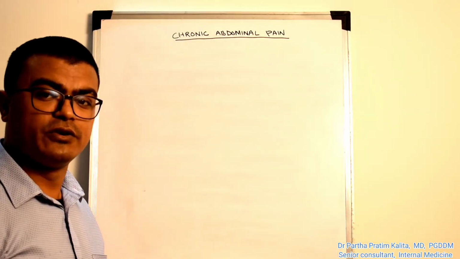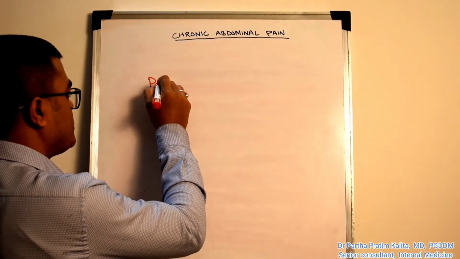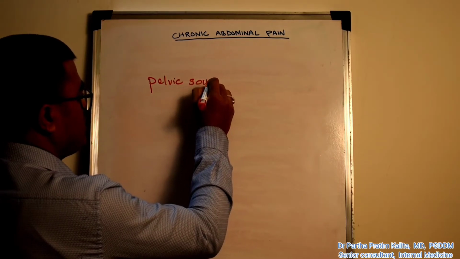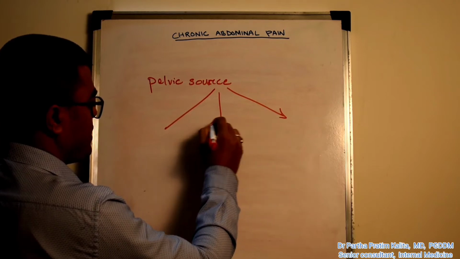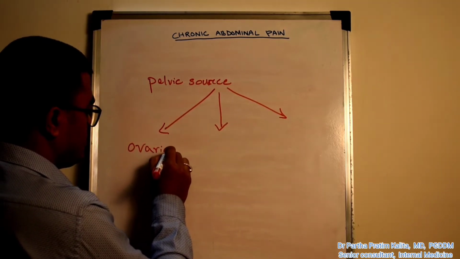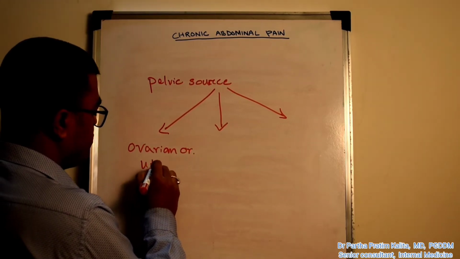Now the next source of chronic abdominal pain can be a pelvic source. The pelvic source can arise from three parts. One, it can be ovarian or uterine tumors.